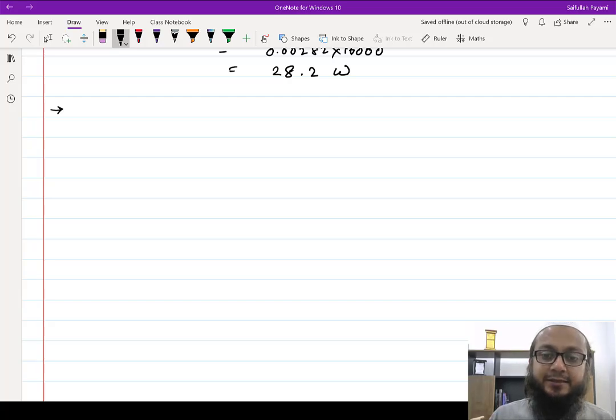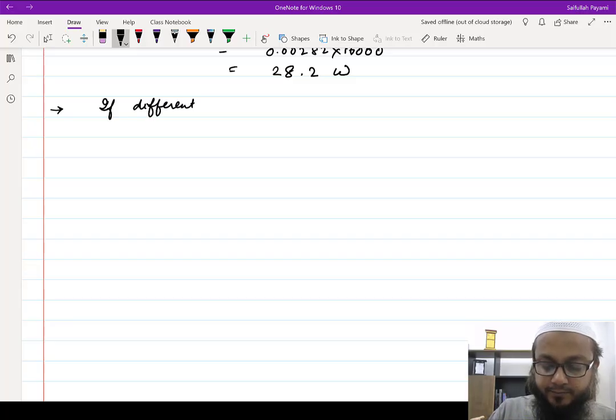If the parameters of a machine have been defined in per unit for a particular base value of power and a particular base value of voltage, and we use the same machine with different base values of apparent power and voltage, then we need to convert it into a new per unit system.